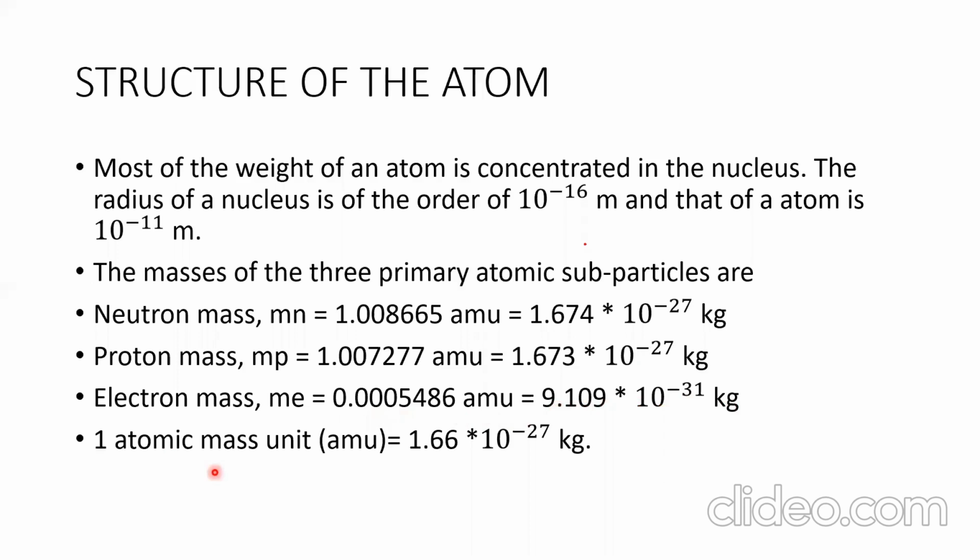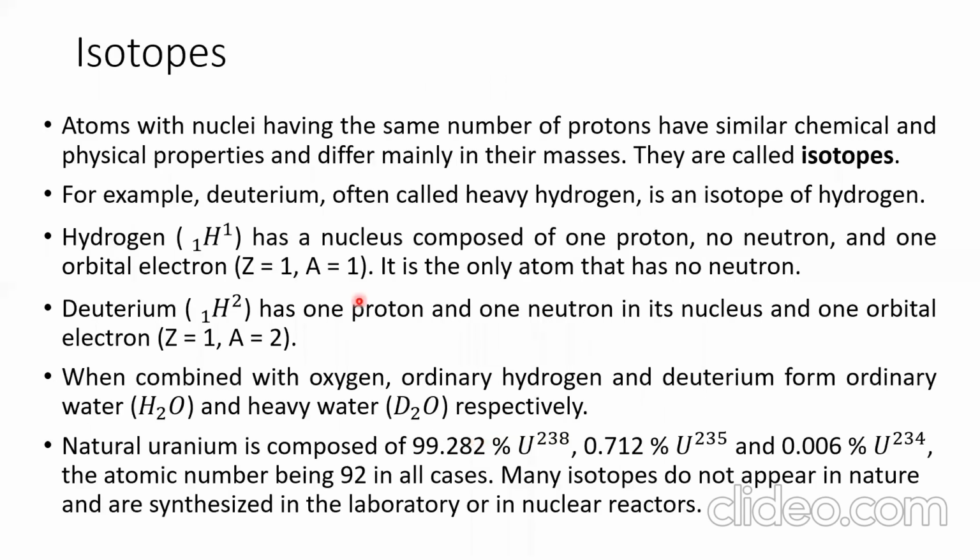One atomic mass unit, or 1 AMU, is equal to 1.66 into 10 raised to minus 27 kilogram. If you divide mP by mE, you can get by how much mP is greater than mE.